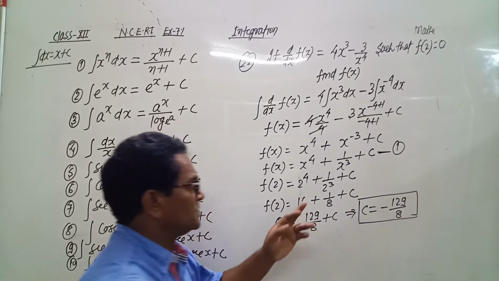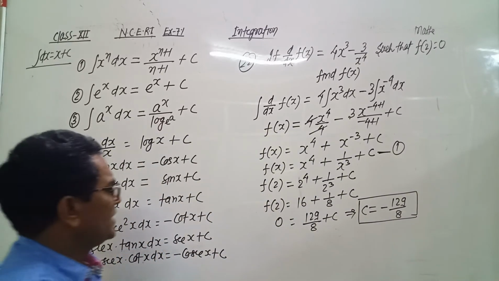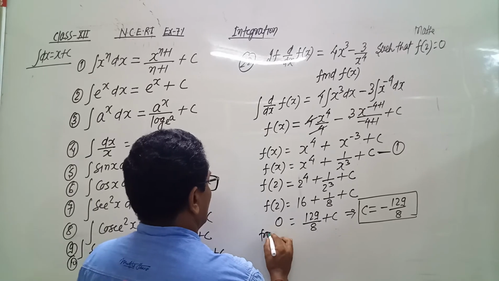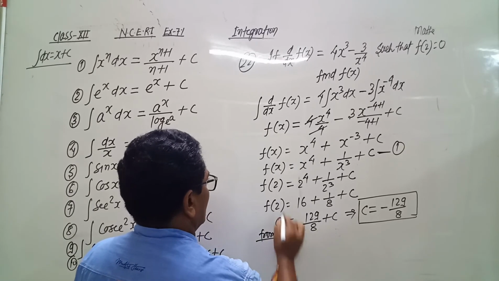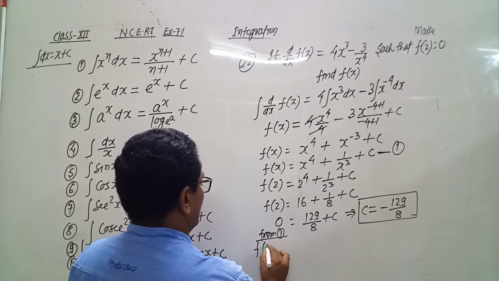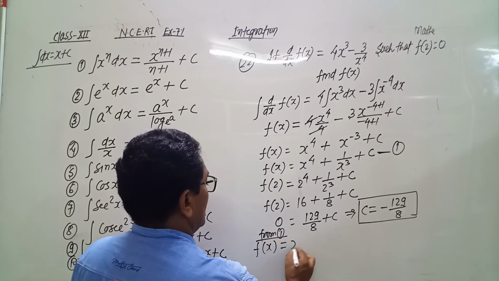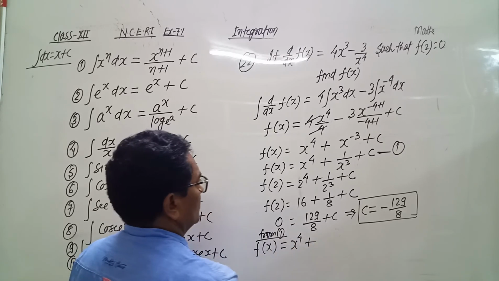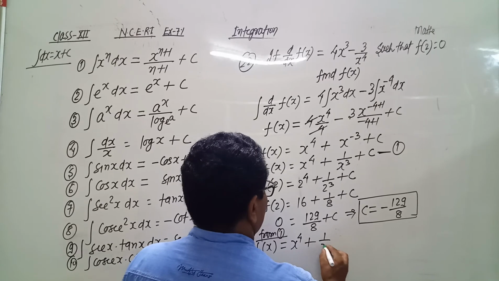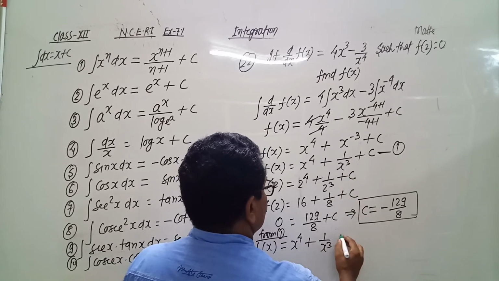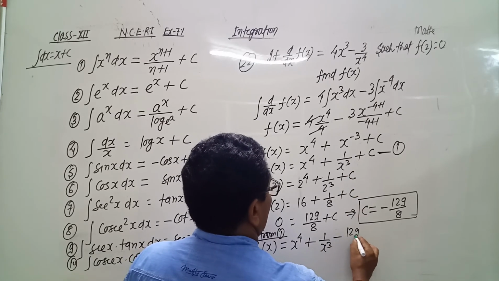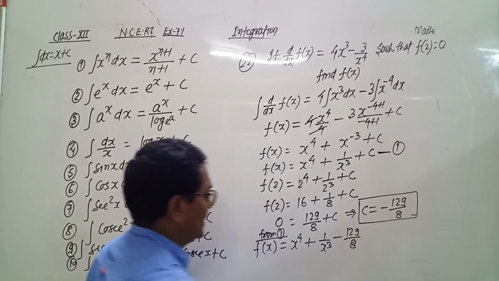And put the value of c in first equation. So from first, we get f of x equals x raised to the power 4 plus 1 by x cube, and the value of c is minus 129 by 8.